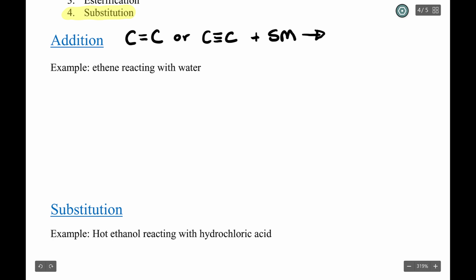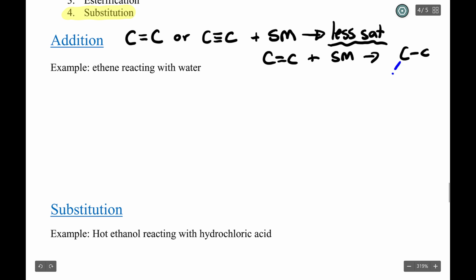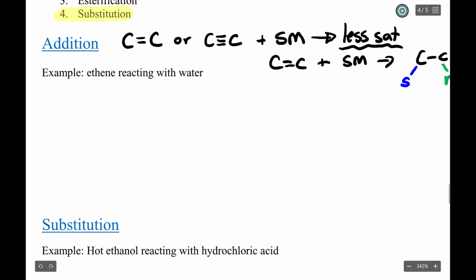This in turn is going to give something that is less saturated. Now, for the purpose of our course, most of the questions go from a carbon-carbon double bond plus some small molecule into a carbon-carbon single bond, where half of the small molecule goes to one carbon and half goes to the other carbon. And that's what we're going to look at here in this example.